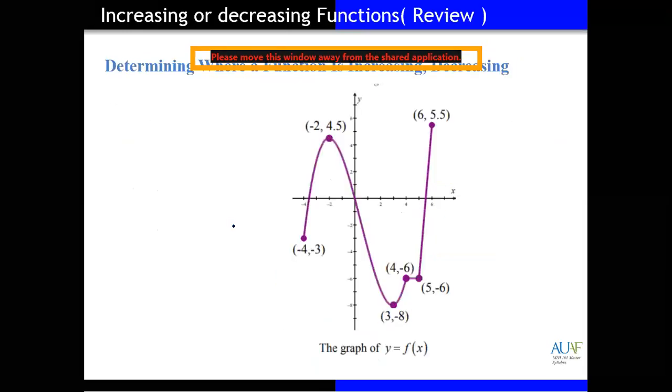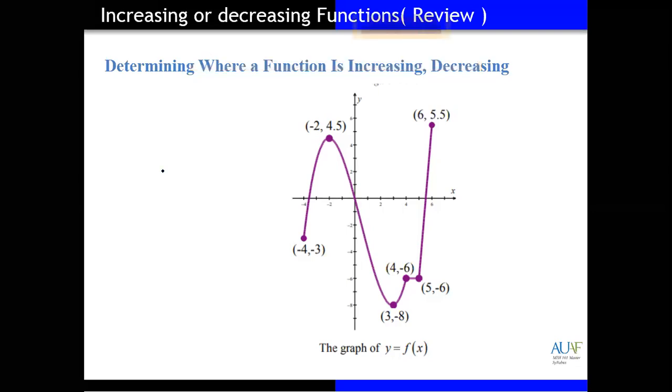Now we have the increasing and decreasing function. Okay, let me share again this one. Okay, now it's fine. How can we determine the increasing and decreasing function? We discussed the condition for increasing and decreasing function.